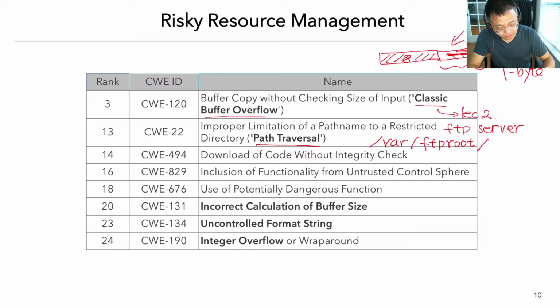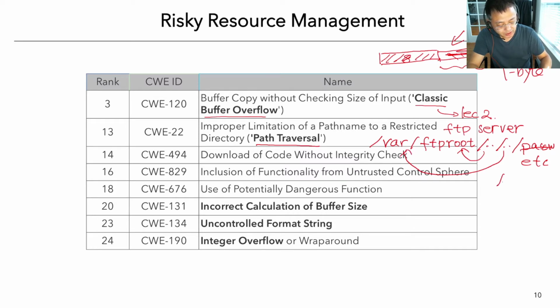But what if the attacker uses this kind of path? Okay? So if you're not careful, the dot dot is going to move the directory one level up, another dot dot is going to move another level.